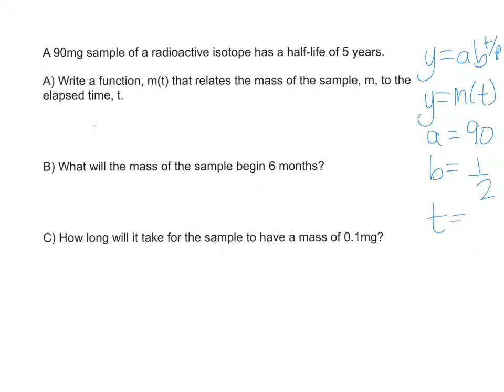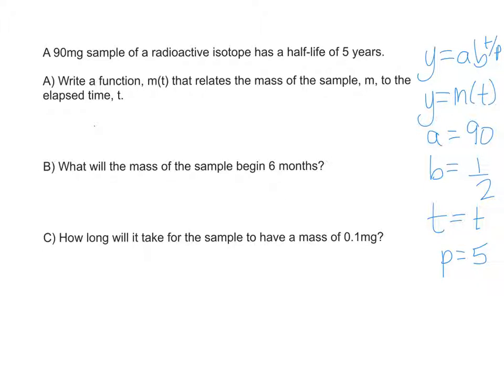t is just going to be t, because we're just writing the function. And then p, that's the 5 years. It doesn't matter what units you use, whether milligrams or grams or kilograms, as long as both a and y are measured in the same units, and both t and p are measured in the same units.